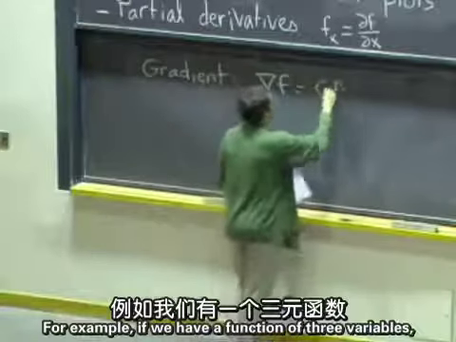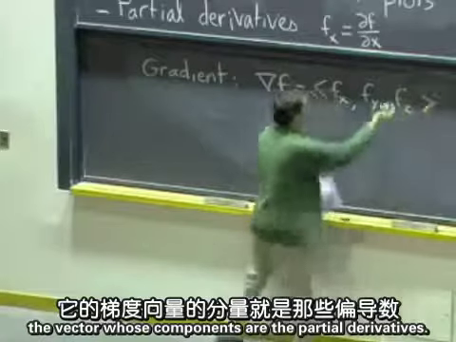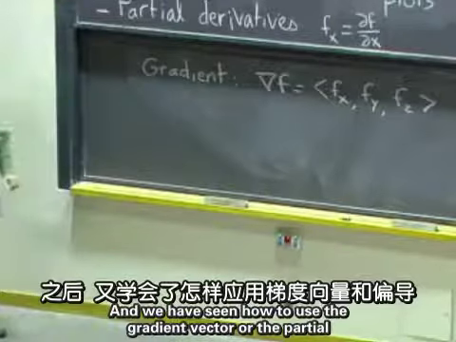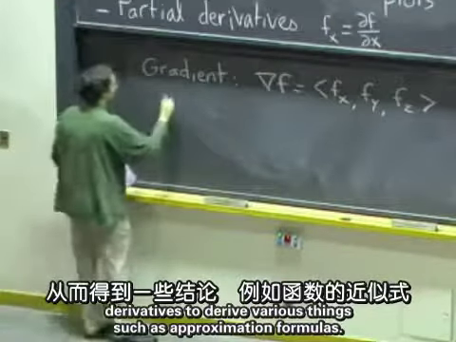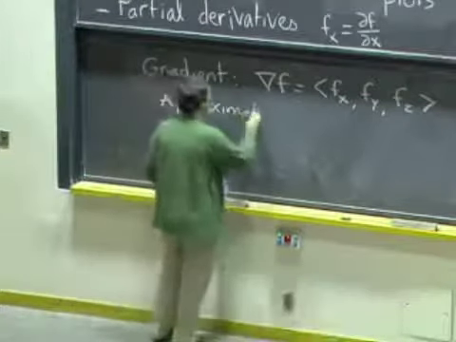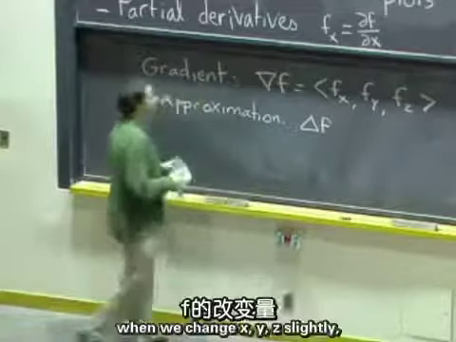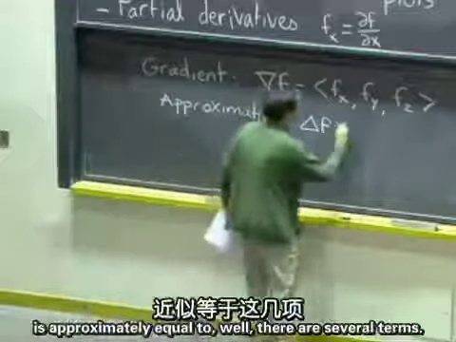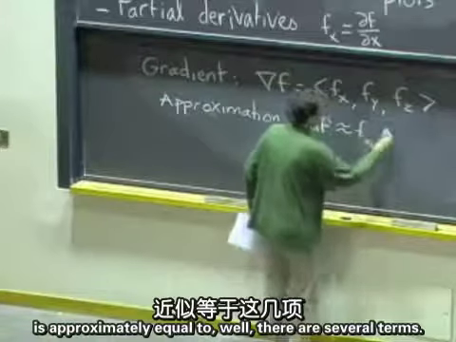So for example, if we have a function of 3 variables, that's just the vector whose components are the partial derivatives. And we've seen how to use the gradient vector or the partial derivatives to derive various things such as approximation formulas. So the change in f when we change x, y, and z slightly is approximately equal to, well, there are several terms.